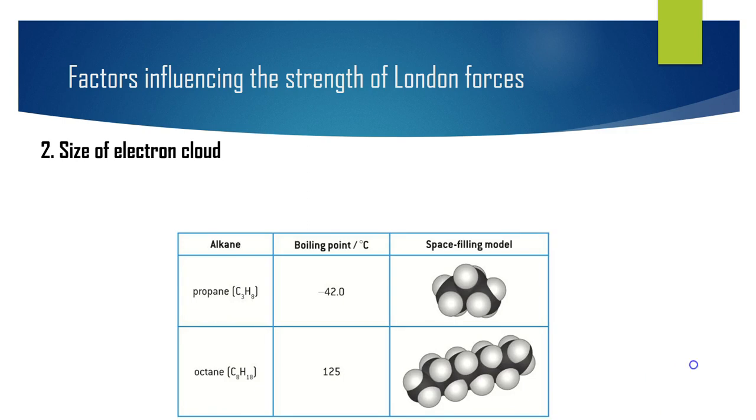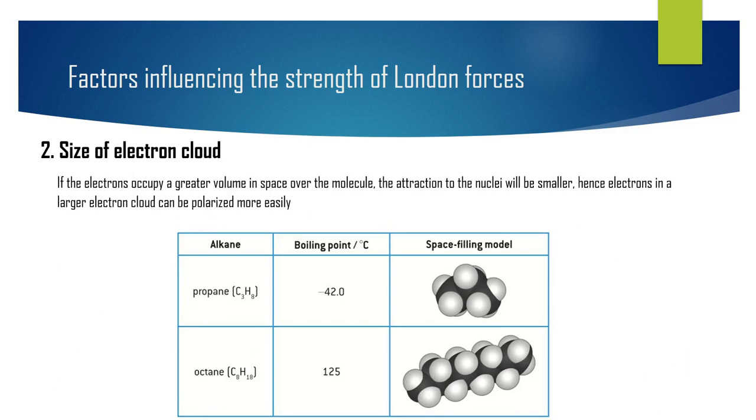So the size of the electron cloud, this time what we're talking about is the volume and space over the total molecule. Again, we're talking about the ease of polarization within the electron cloud. In the case of propane, C3H8, we've got 3 atoms of carbon, 8 of hydrogen, and its boiling point is minus 42.